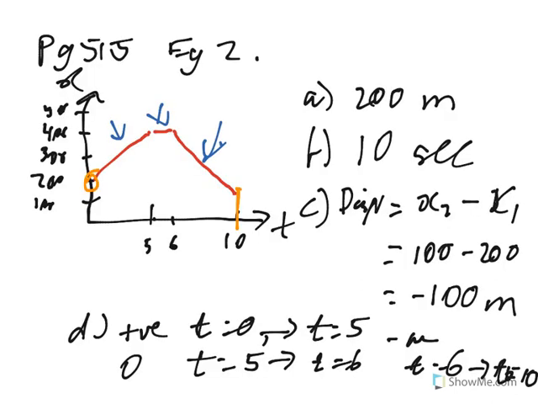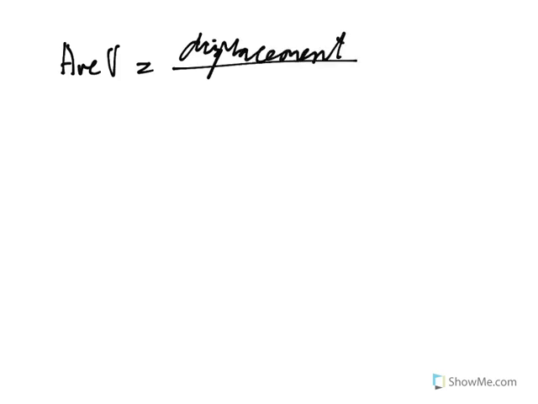Hence find the velocity for the 3 time intervals. Okay, so for the first time interval, that's this one here. It's 5 seconds. Displacement, remember, is displacement, not distance.